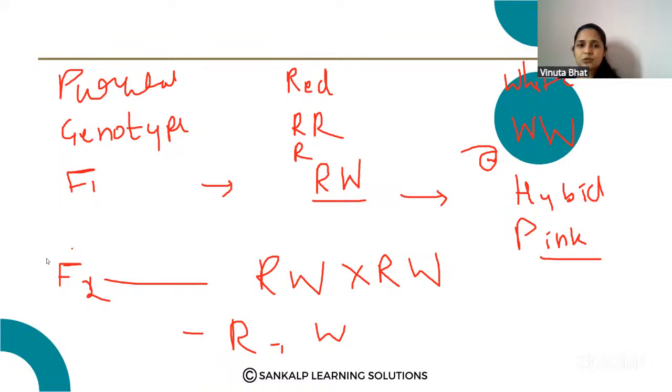Then I will use the checkerboard to obtain the F2 plants. Okay. So to obtain the F2 plants, F1 plants are self-pollinated. They produce the gametes R, W. Okay. So here I will use the checkerboard.